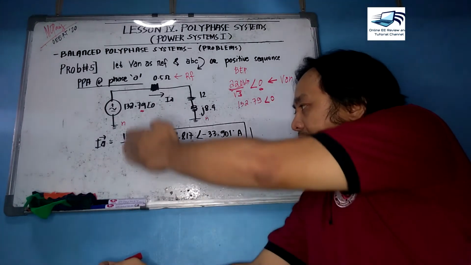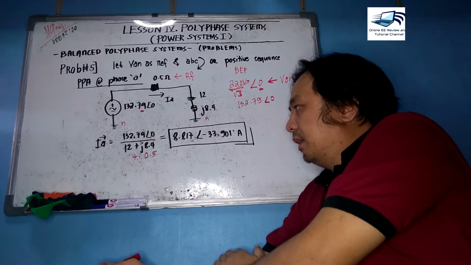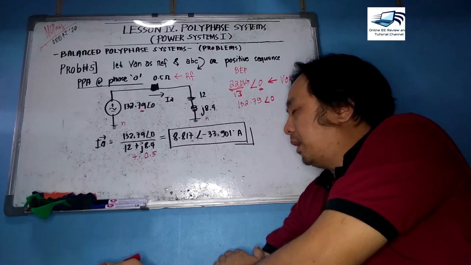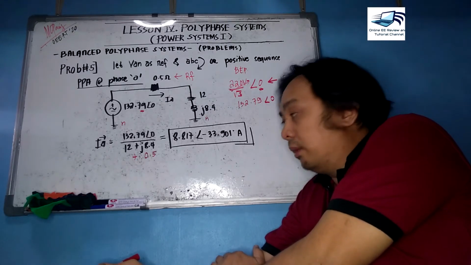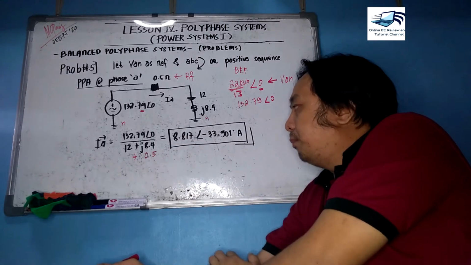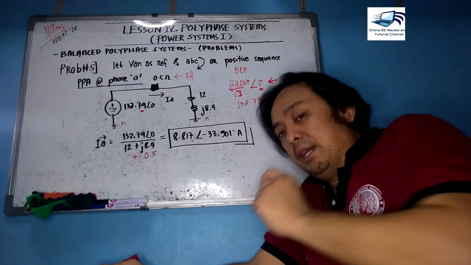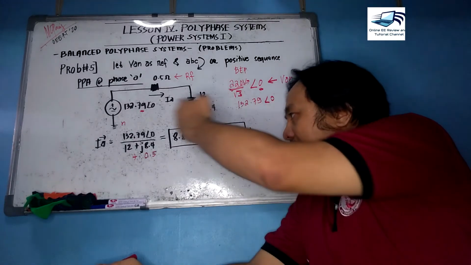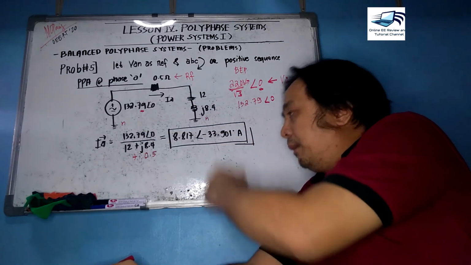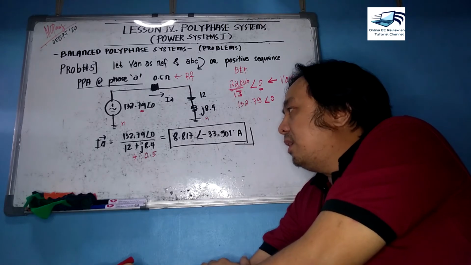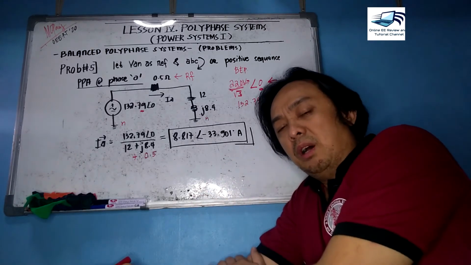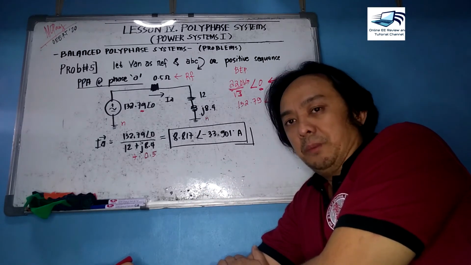And thus, getting the numerical value using your calculators, the answer is 8.817 angle negative 33.901 degree amps. And please take note, by the way, any phase can be used for the per phase analysis simply because we just need to have the line current value.